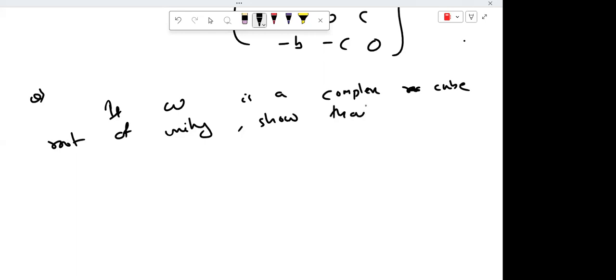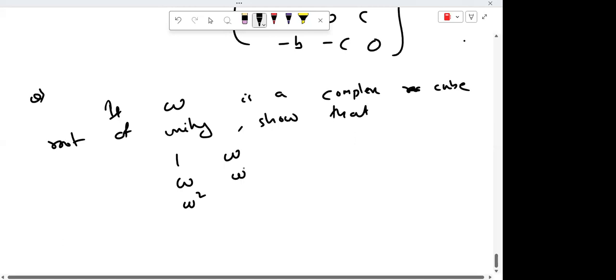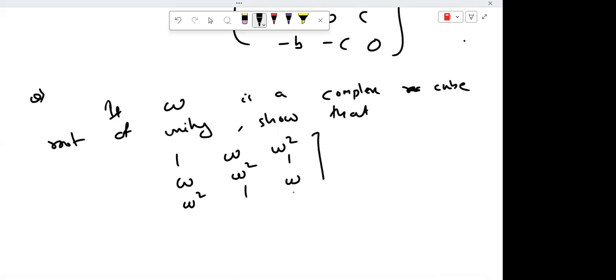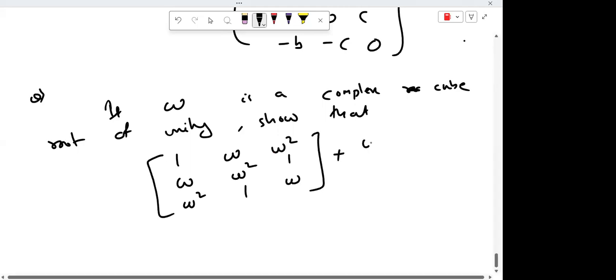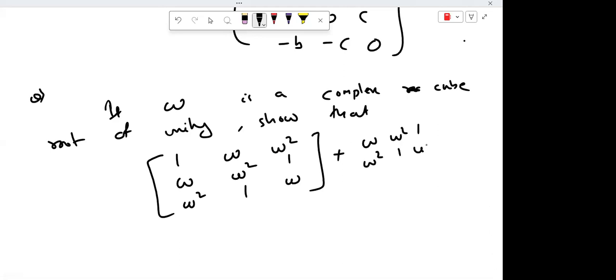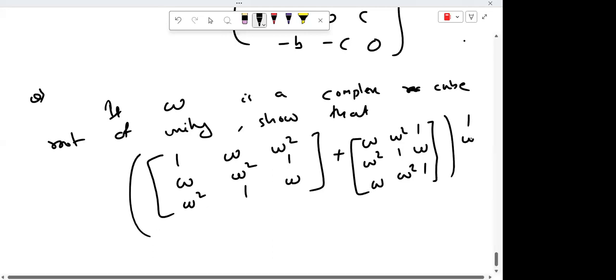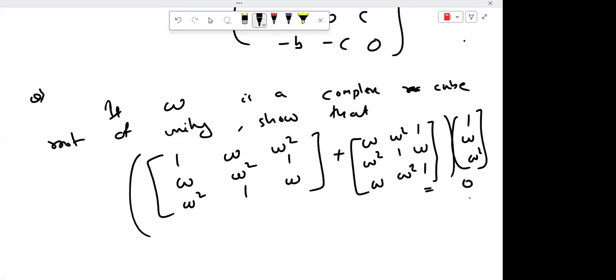Show that the matrix [1, omega square, omega square; 1, omega square, omega square...] multiplied with [1, omega square...] is a null matrix.